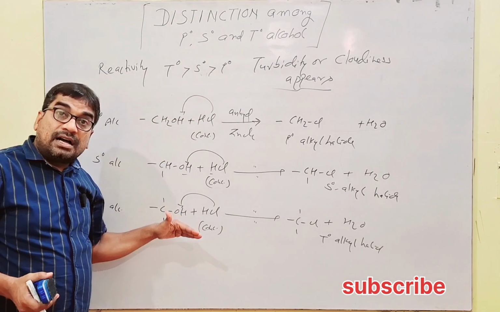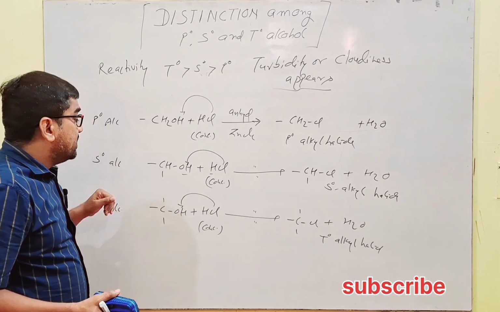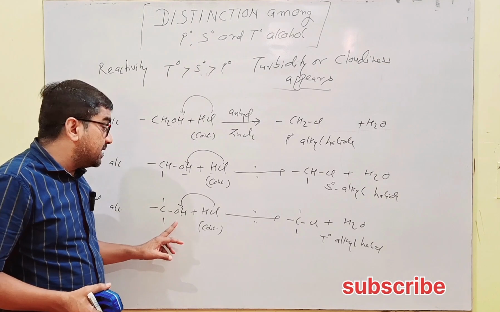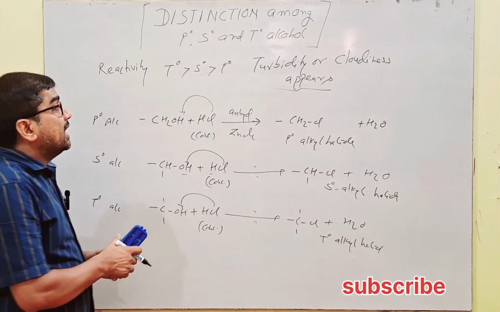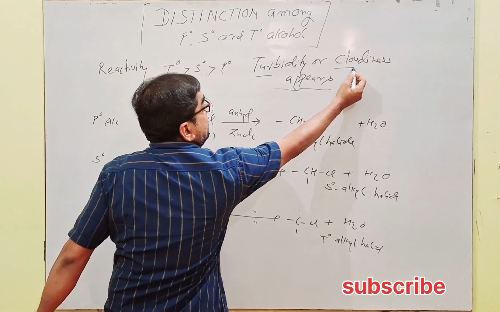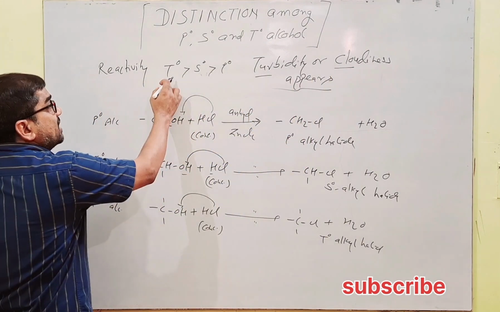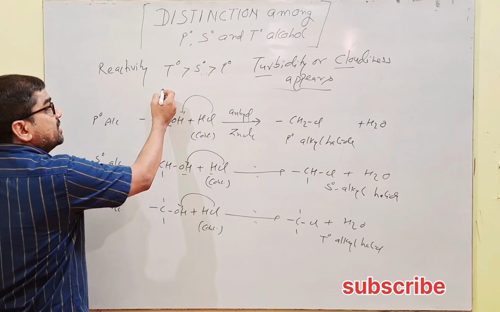So very fast at room temperature, very fast reaction is carried out by tertiary alcohol and turbidity appears. So fast reaction of turbidity in tertiary.